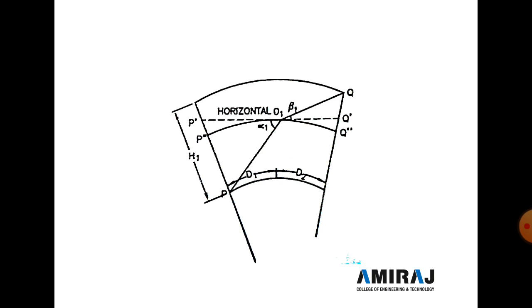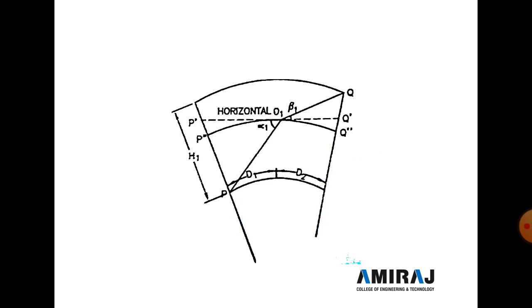When we apply tan alpha 1 with d1, we get the exact value of P double dash, which we assume as c1. Similarly we find Q double dash, which we take as c2, an assumed value, and Q dash Q double dash is d2 tan beta 1. We find d2 by the measuring tape or chain.